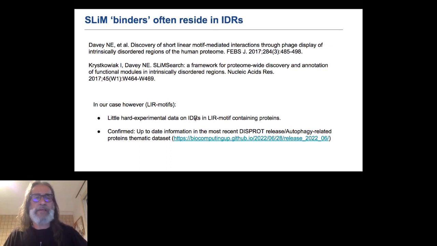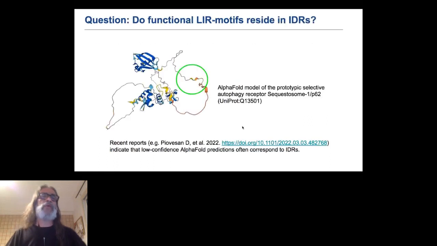We confirmed this very recently when annotating literature for the recent DisProt curated dataset about autophagy-related proteins, which was released a few days ago. So our question is, do functional LIR motifs most often reside in intrinsically disordered regions?